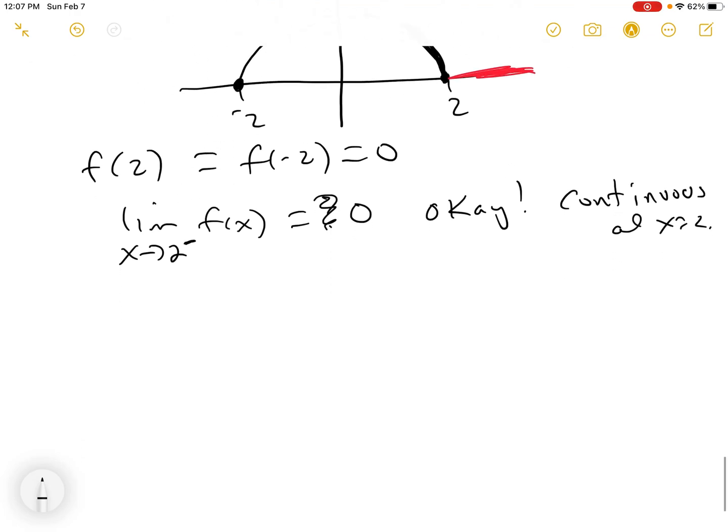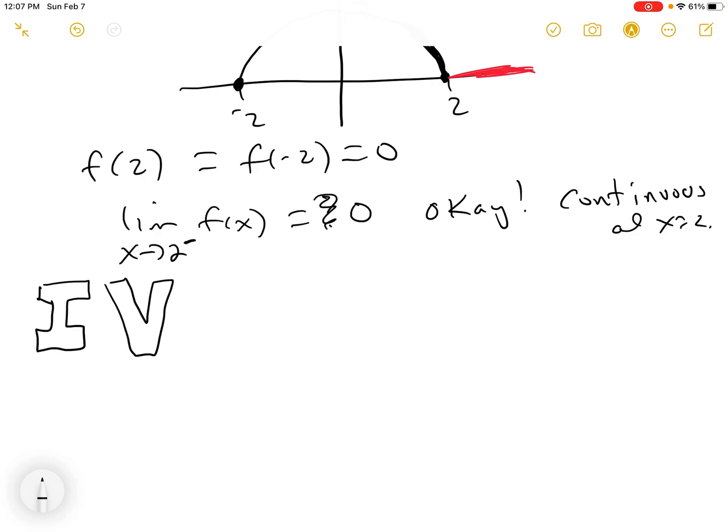And this leads to a very famous theorem called the, any famous theorems get bold lettering, the IVT, intermediate value theorem.